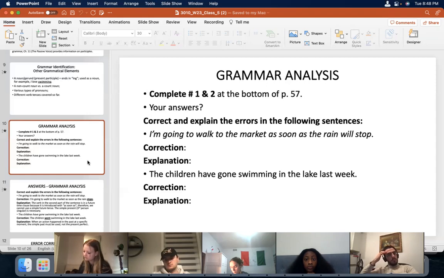What Lenova did, which was really interesting, is she only put have gone. It was interesting because in English, we often say go with the present participle. Yesterday, I went swimming. Yesterday, I went fishing. Yesterday, I went shopping. Okay, so it's really popular to speak like that in English.